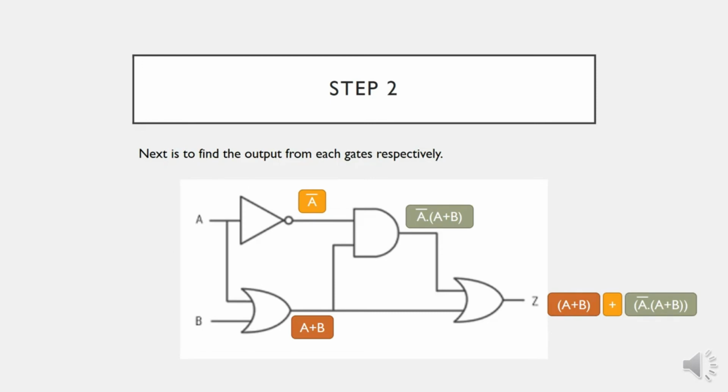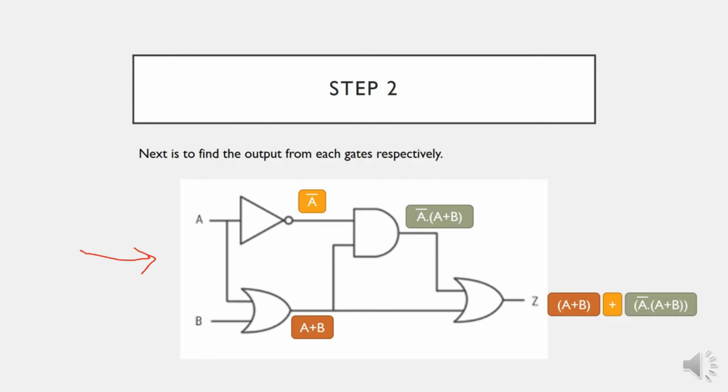The next step is to find the outputs from each gate respectively. The easiest way is to start from the input side, which is A and B. Normally the inputs will be on your left.